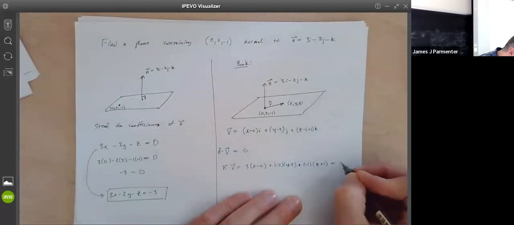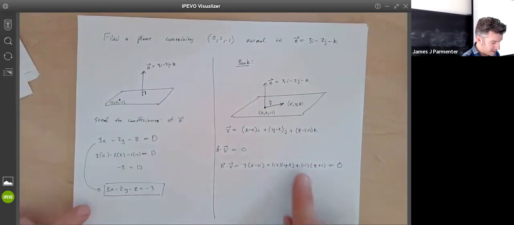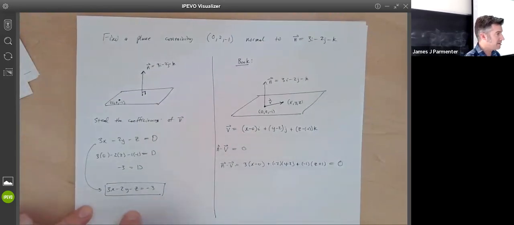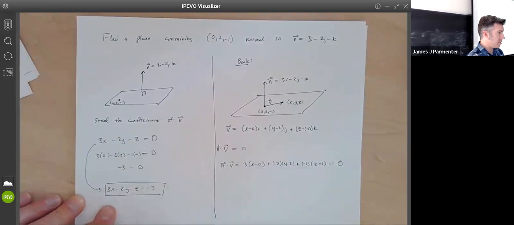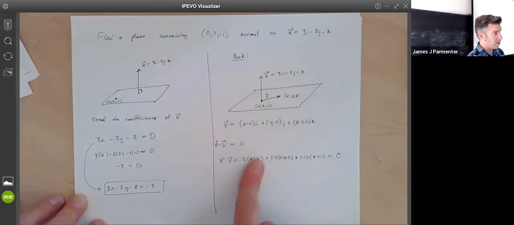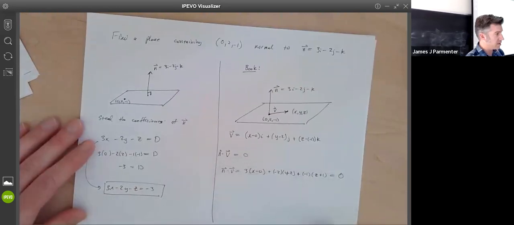And that should equal 0. But look, this is the same equation as that. This is kind of like the slope intercept form, where you have the slope and you find b. This is more like point slope form, where it's y minus y naught equals the slope times x minus x naught. That's what we were kind of doing here.